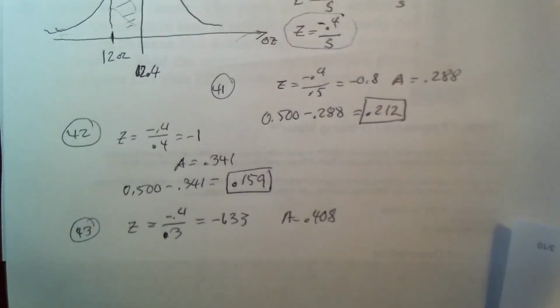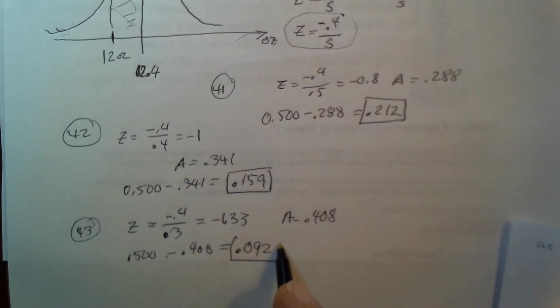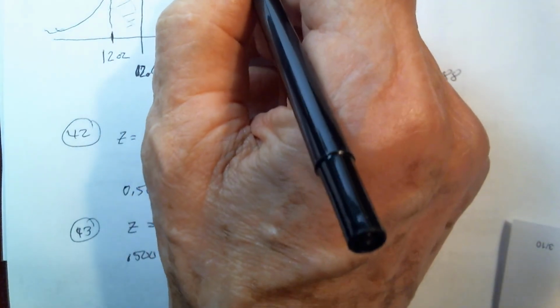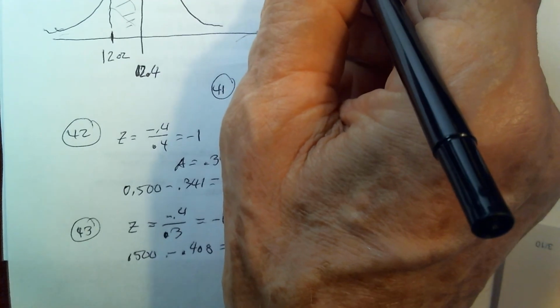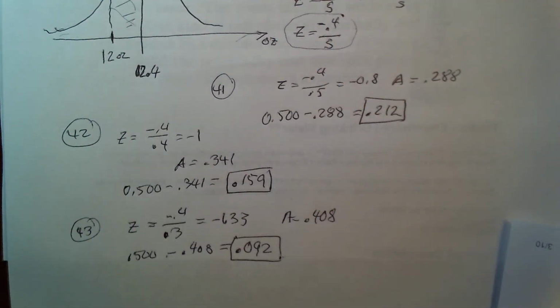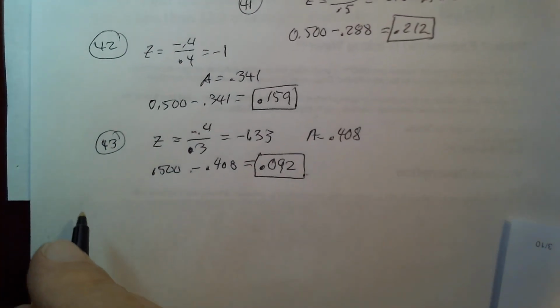So then 0.5 minus 0.408 is equal to 0.092. So it would be 0.092.